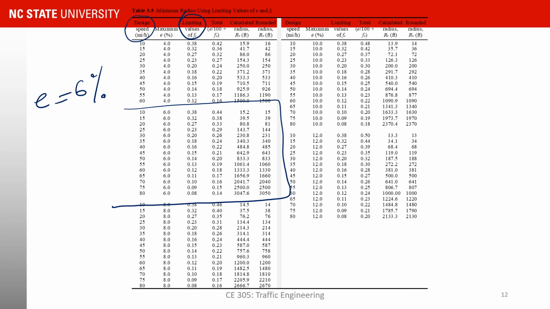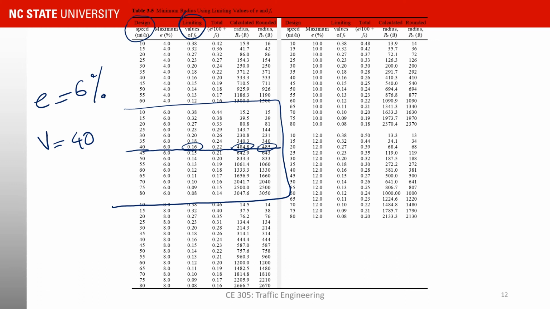Okay? So if your speed is, for example, 40 miles per hour with super elevation of 6, we know that we are on this line. So what this tells us is that your f sub s at most is going to be 0.16, and the calculated radius is 48.4, and rounded radius is 485.